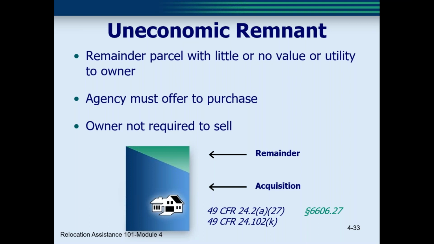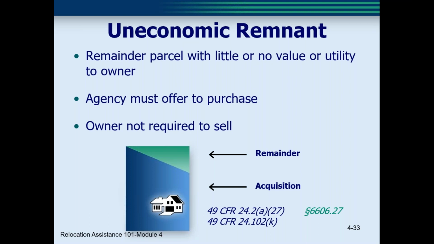If the displacee later decides not to sell the remnant, then your computation would be finalized on their acquisition payment without including the value of the excess land. Now, in these situations, what I usually do is calculate it both ways so they can clearly see: if they sell it, their RHP is going to be this amount; if they keep it, it's going to be this amount.